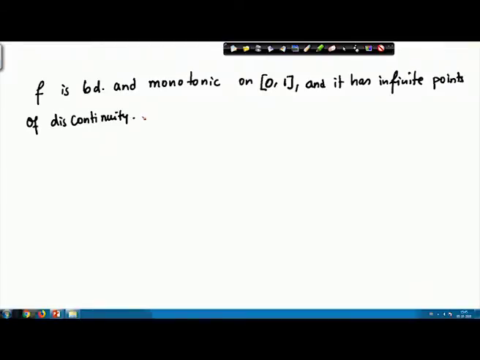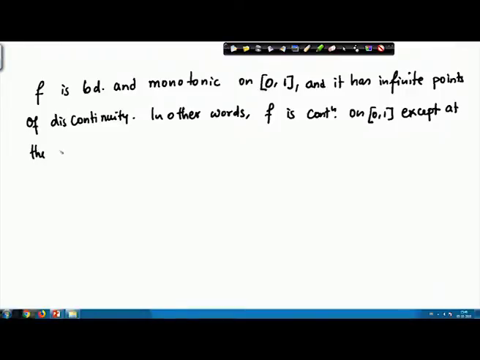That means we can write it in other words: f is continuous on [0, 1] except at a set of points.